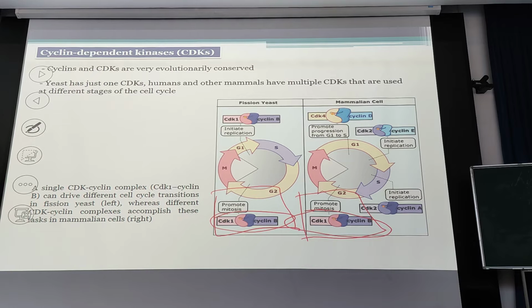CDK1 plus cyclin B initiates or promotes mitosis. In the same way, in yeast, CDK1 plus cyclin B. But in mammalian cells there are many other types of cyclins. For example, to initiate replication, we have CDK2 and cyclin E.